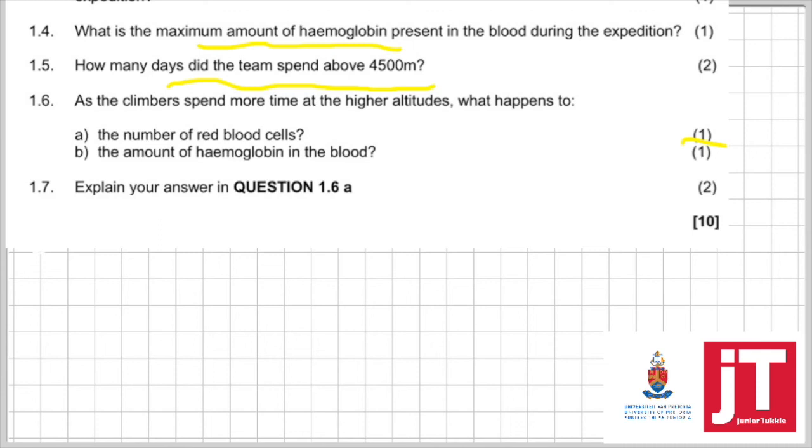It means there's less oxygen. To compensate for that, your body will produce more red blood cells. So the number of red blood cells will increase. With more red blood cells, the amount of hemoglobin will also increase to carry more oxygen to all the cells.